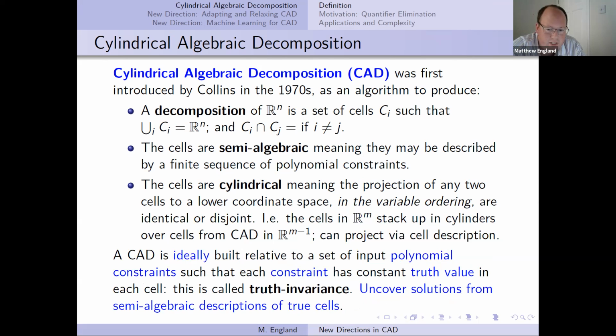Sign invariance for the polynomials in the constraints implies truth invariance, but it's possible to achieve truth invariance in more efficient ways as well. And of course, if we have a truth invariant CAD, we can uncover all kinds of information about our constraints, including descriptions of their solutions from the semi-algebraic descriptions of the cells upon which the constraints are satisfied.